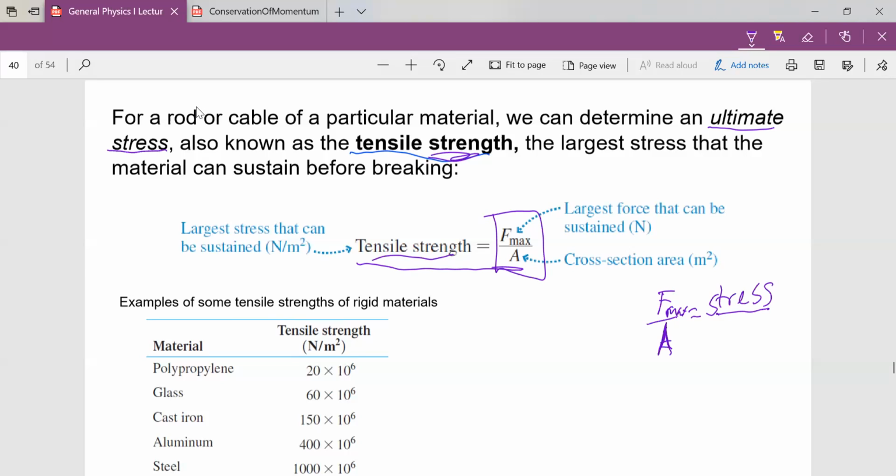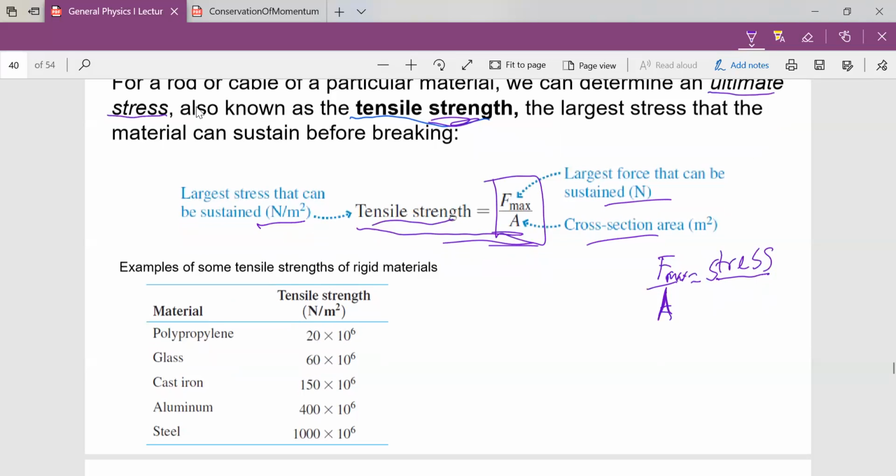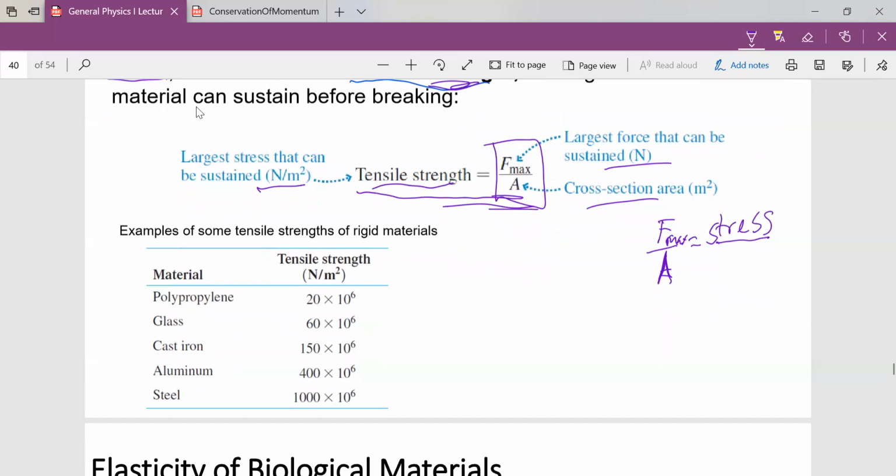is defined by this. We know what our F is and we know what our A is, which is the cross-sectional area of the material. So this is an example of some materials as well with experimentally established values for rigid bodies. Now, we'll see for polymer, polypropylene, the glass, the cast iron, aluminum, and steel having different values of tensile strength.